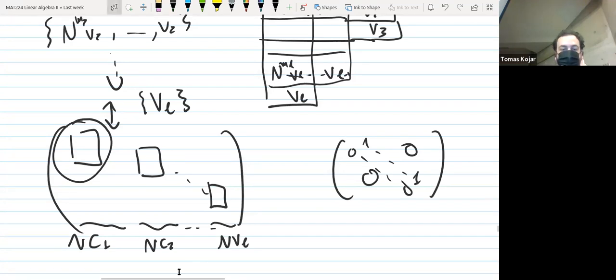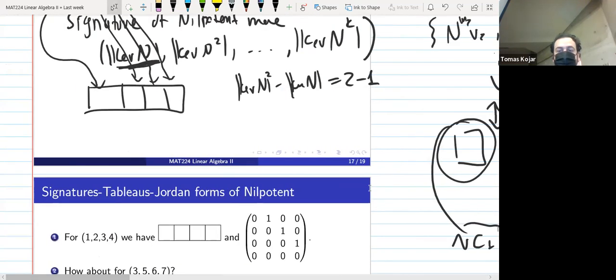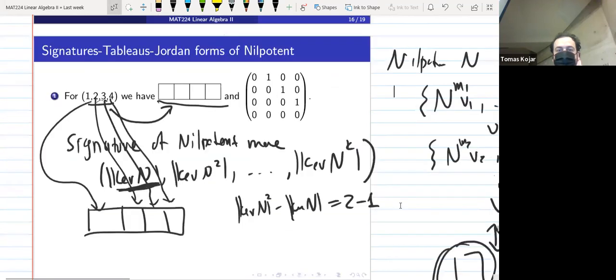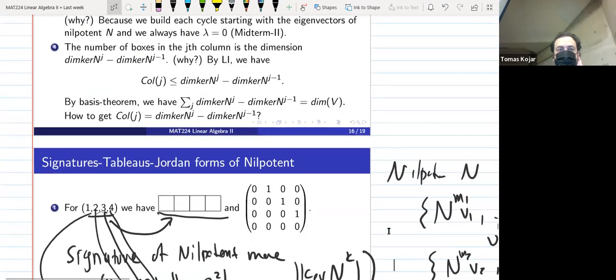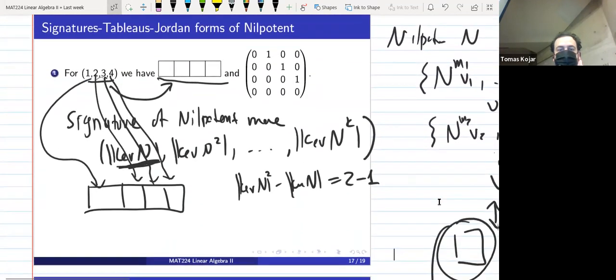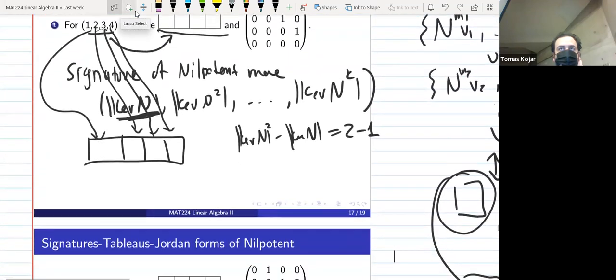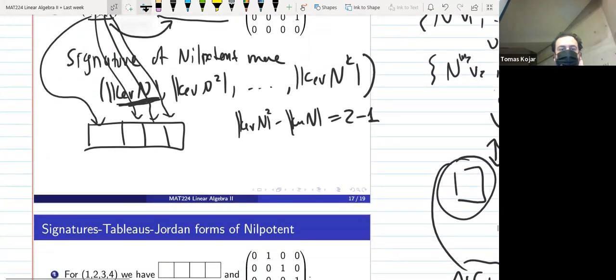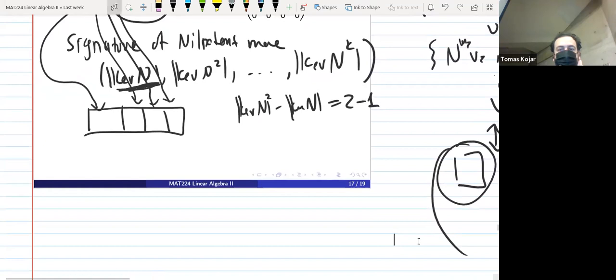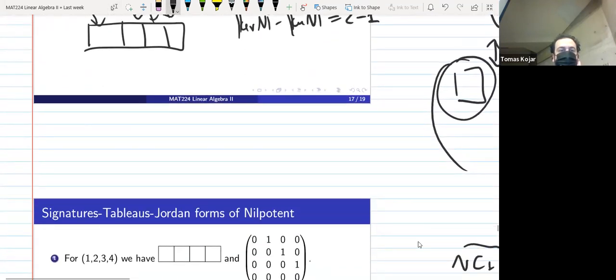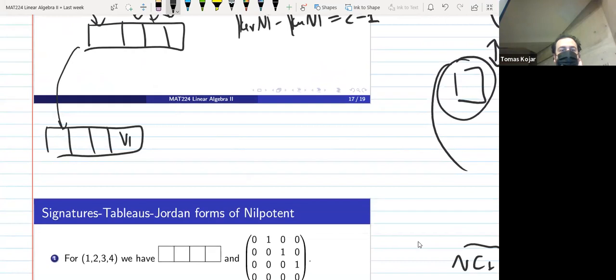So then, yeah, we're looking at nilpotent maps here. So let me make those prints. So yeah, we got our tableau is one row, so you only have v1 all the way to n^3 v1.